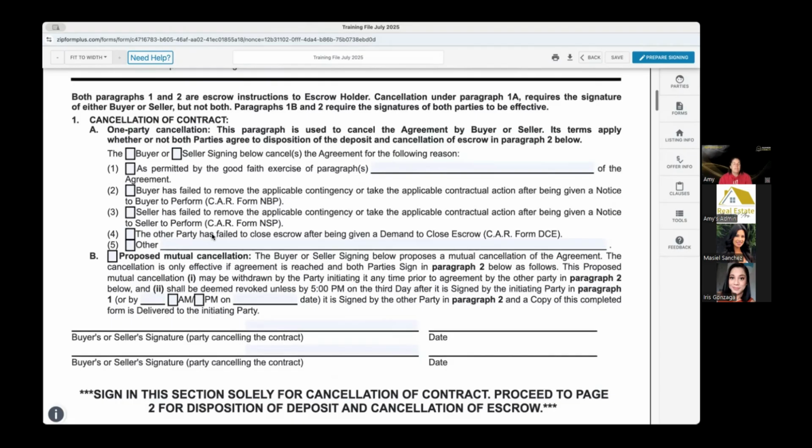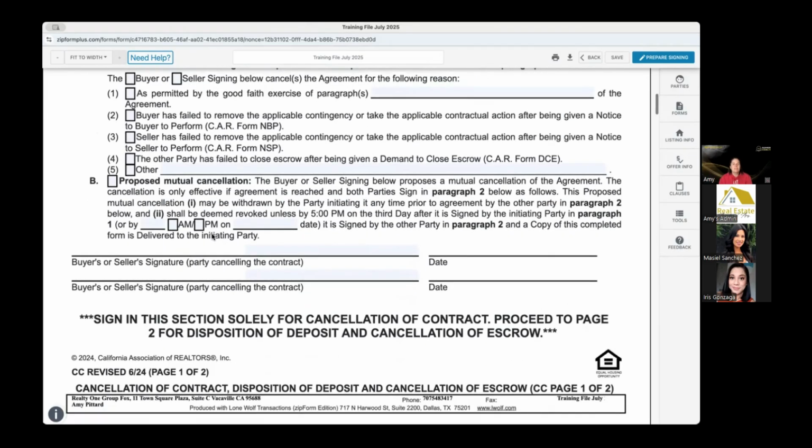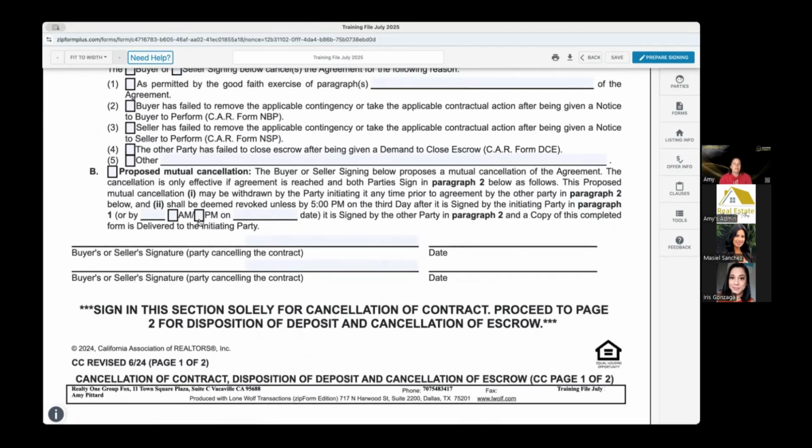Okay. B is proposed mutual cancellation. The buyer and seller signing below proposes a mutual cancellation of the agreement. The cancellation is only effective if the agreement is reached by both parties signing in paragraph 2 below as follows. This proposed mutual cancellation may be withdrawn by the party initiating it at any time prior to the agreement of the other party in paragraph 2 below.